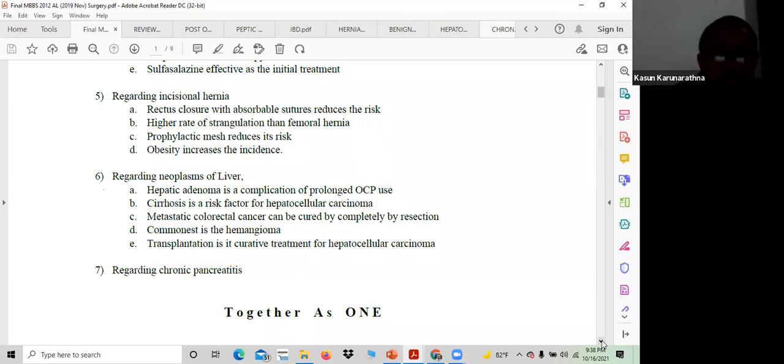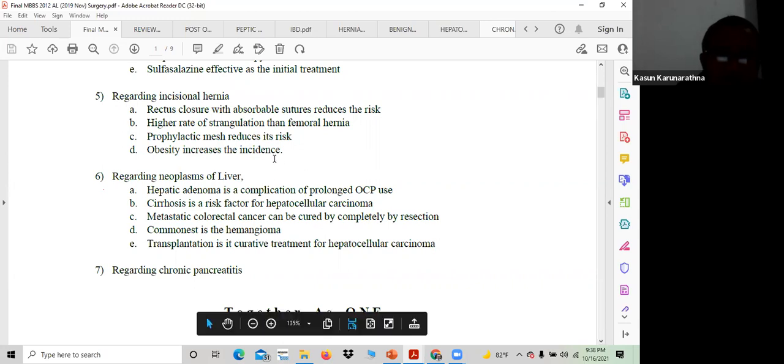You do a surgery, and due to either patient-related factors or surgery-related factors, this incision is going to be healed with a weakened scar. So abdominal contents will tend to protrude through this weakened scar, and it becomes a hernia, right? That is the clinical picture of incisional hernia.